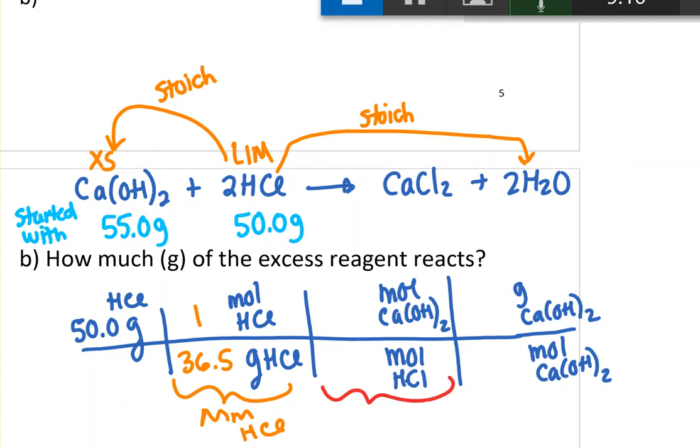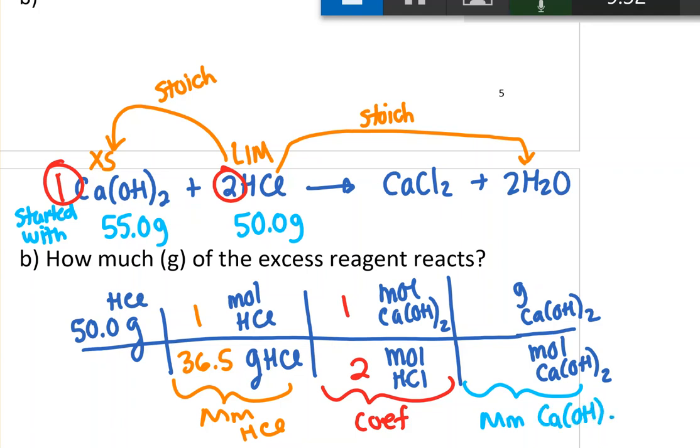From moles to moles of different substances, that's where I use the coefficients. And this is the 2 and a 1 understood to be in front there. And then the relationship between grams and moles, again, is a molar mass, this time of calcium hydroxide.